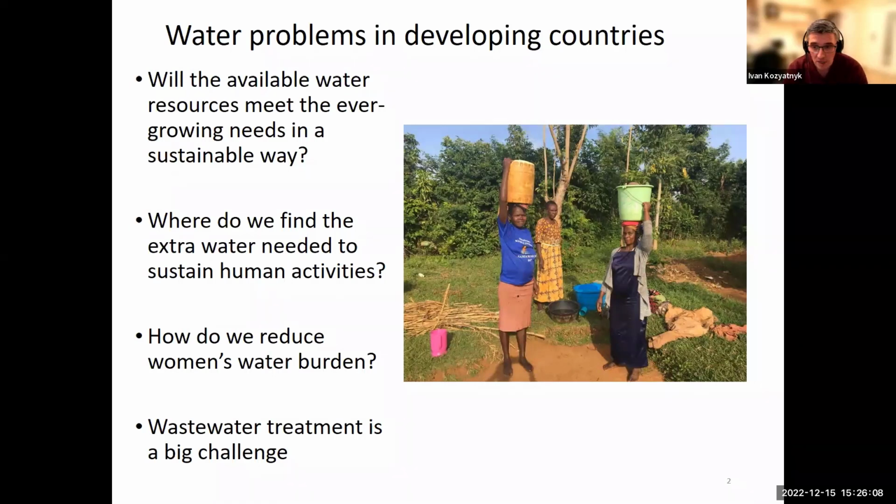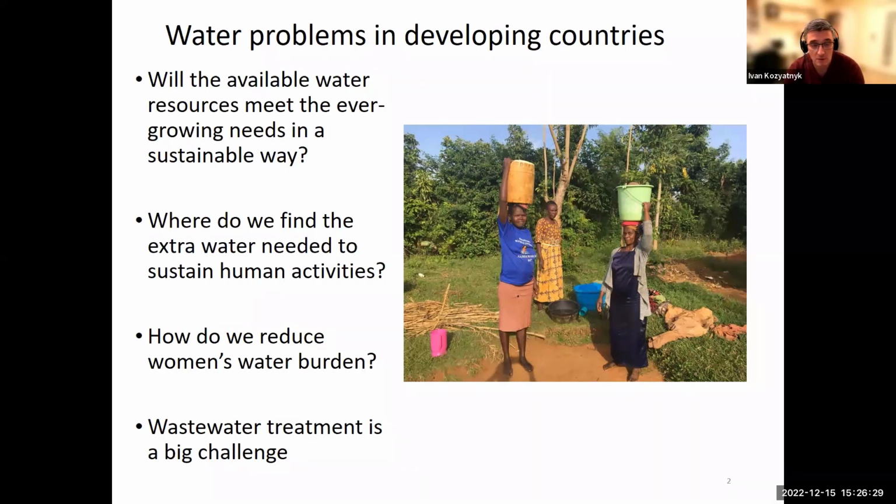And now, several important questions. Will the available water resources meet the ever-growing needs in a sustainable way? Where do we find the extra water needed to sustain human activities? I would say it's a great problem.